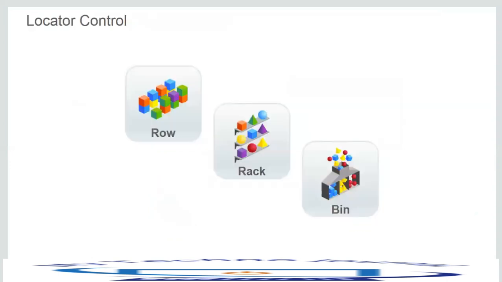Locator control. This diagram depicts the locator controls: row, rack, and bin. Locators are, as we have just discussed, an optional third-level structure within sub-inventories, which provide more granularity to the definition of where within a facility.